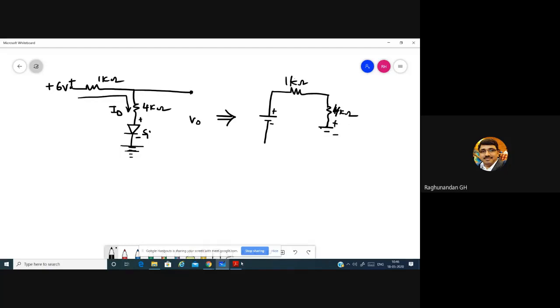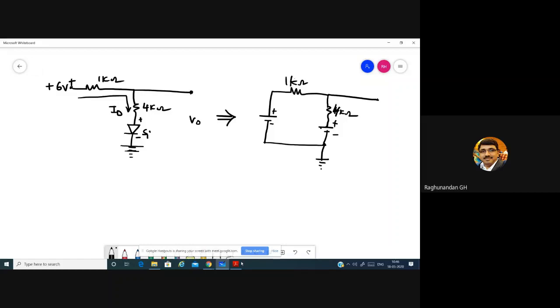This is our ground. Usually the negative terminals are grounded, or we also call them common points. The negative terminals of the batteries will usually be grounded.